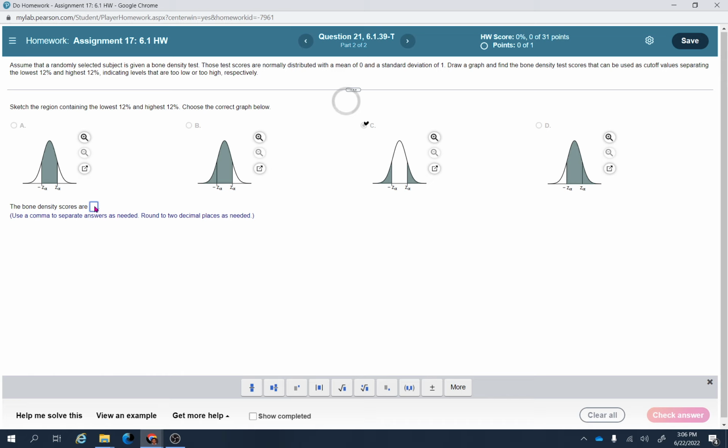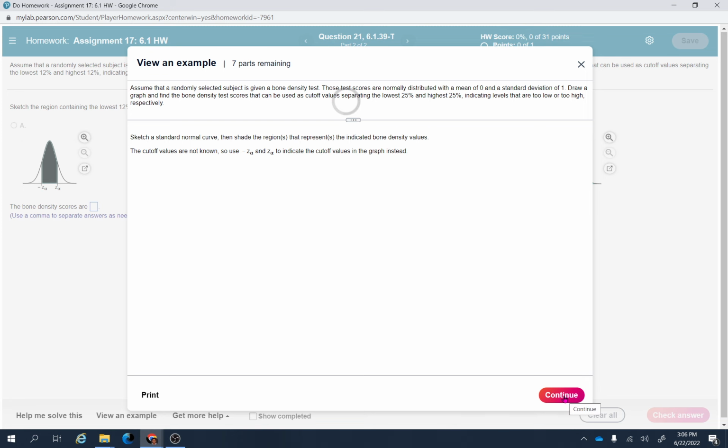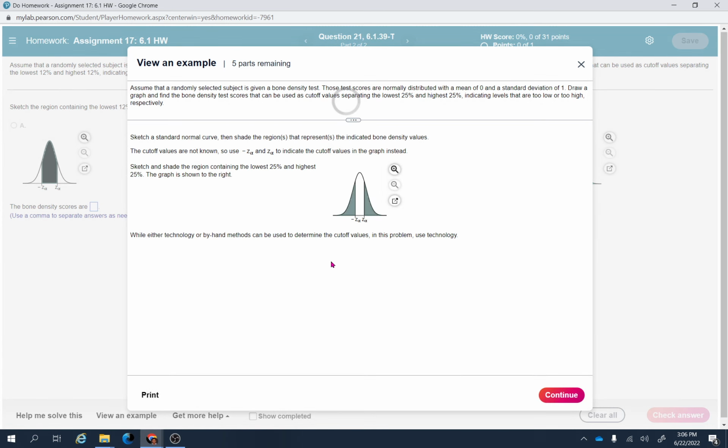So this is actually talking about z-score, and if you just go here, view an example, it will ask you to use technology. Use technology, that means use the TI-83/84 calculator, which if you don't know how to use, you have to go to the learn section 6.1 assignment, and there I have assigned you a video where it will walk you through a step-by-step process.